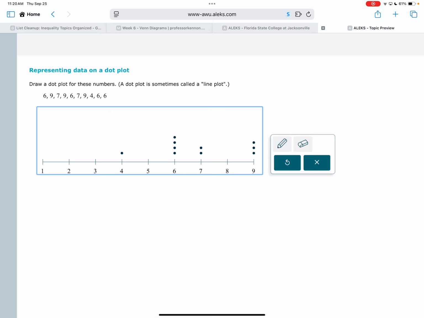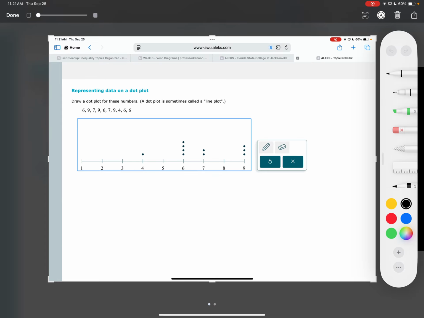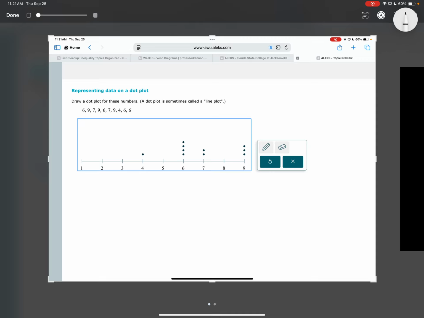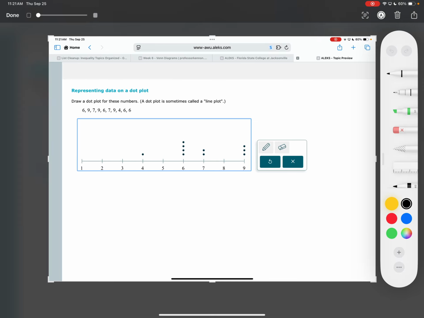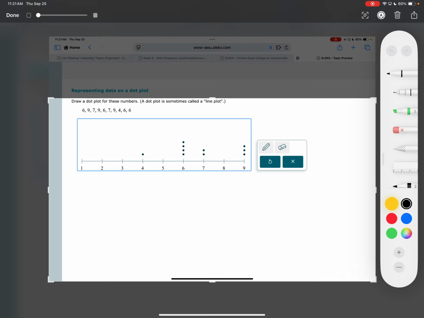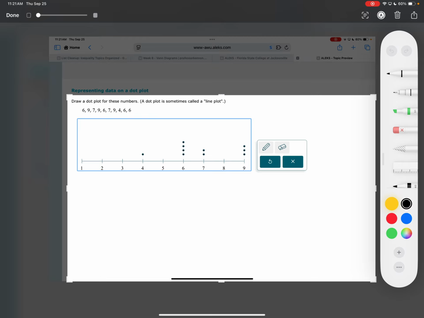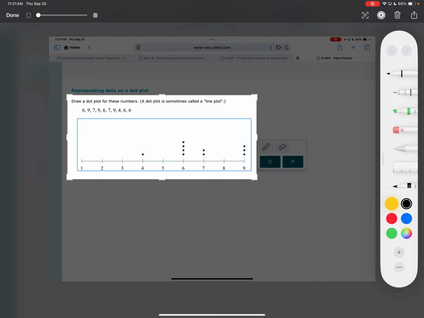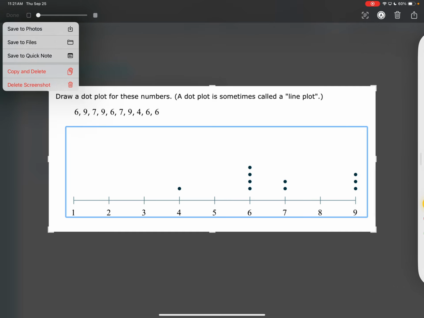Okay, so dot plots are kind of nice because you can actually see how many individual there are. If you had a range or anything like that, you could go put and see the different numbers there. But that should be pretty easy. I mean, you can also count them if you want to and do it individually, do the 6s and the 7s and the 9s and the 4. But just kind of showing you some different ways to graph stuff.